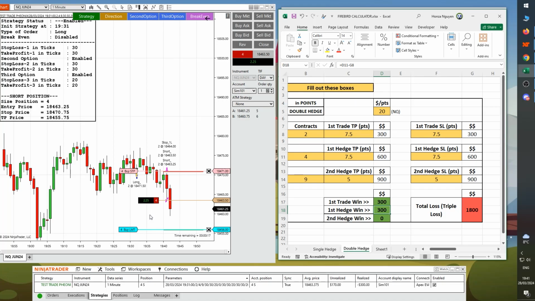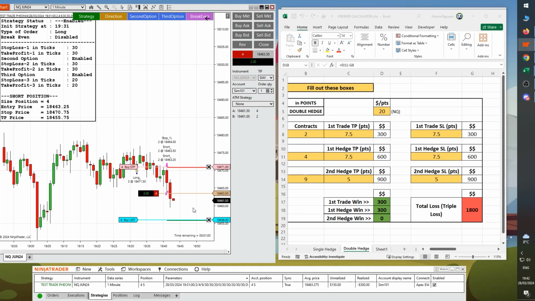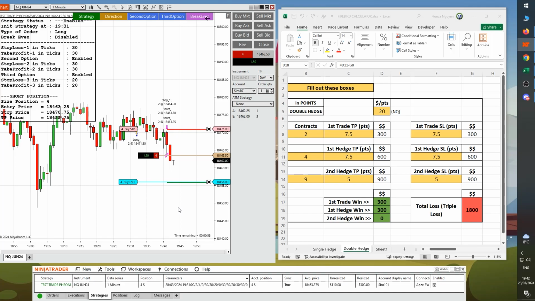Looks like my hedge is working out. I see the TP. Stop loss. Please do it for the stream. Click the TP. I can sit on a good note.